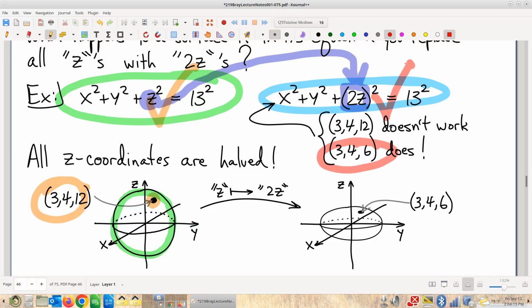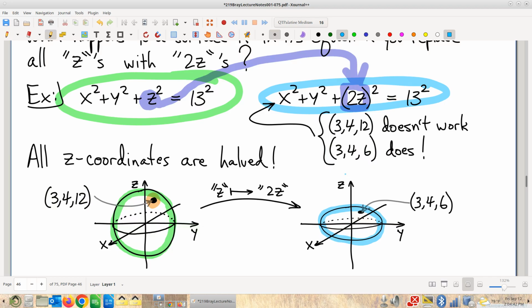Right? So every point on this green surface, by this little trick, I can produce a corresponding point on this light blue surface. And the whole trick of how to produce the corresponding point: divide the z-coordinate by 2. So punchline, let me get rid of the mess.